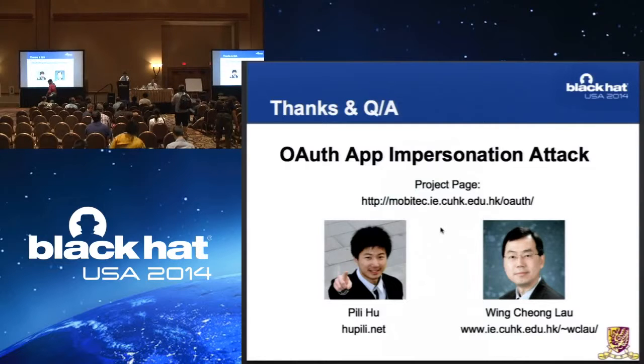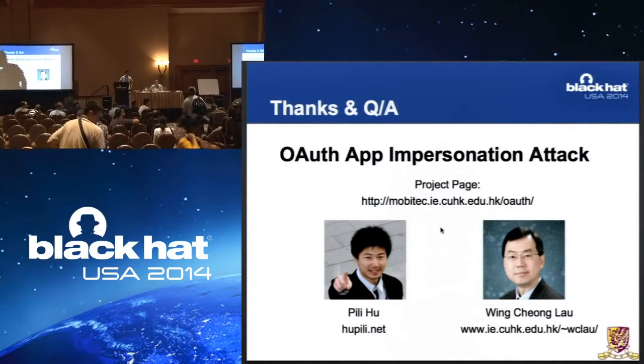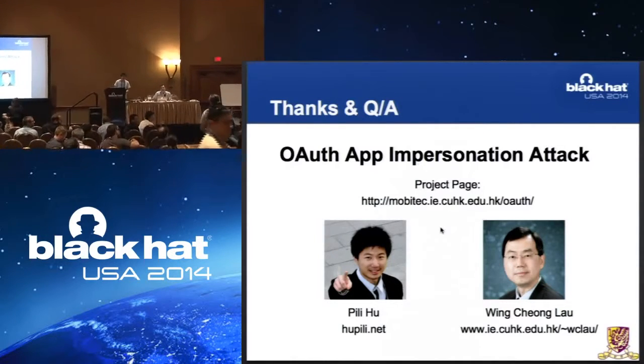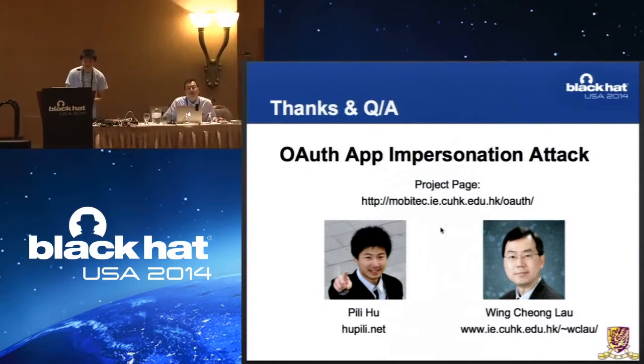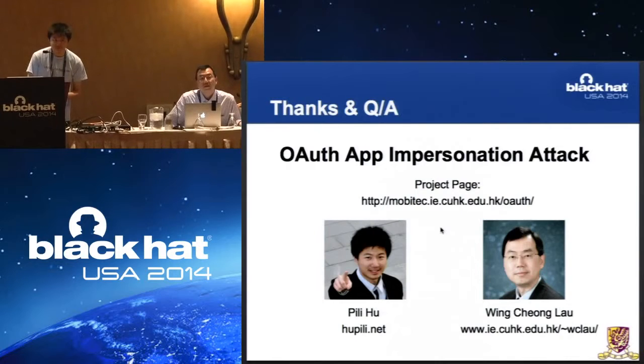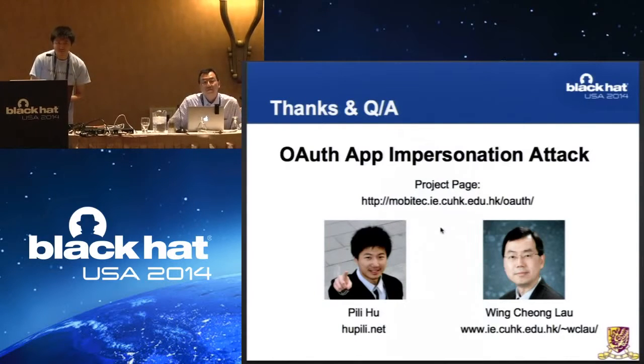I have two questions. The first one is, if we want to use the authorization code flow versus the implicit flow, there's a refresh token involved, and it means that the access token can be refreshed for a longer time.